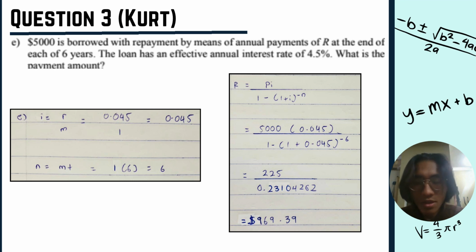The i is 0.05, and the n is 1 multiplied by 6, which you get 6. I just put all the information inside the formula and total up, which I get the answer $969.39.